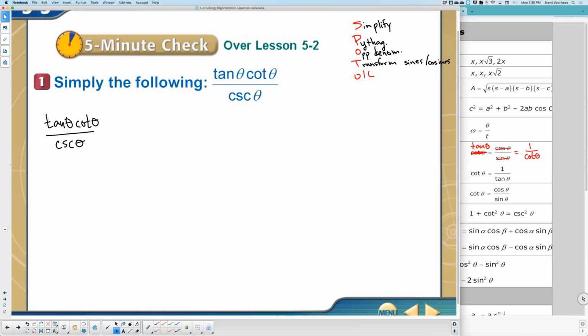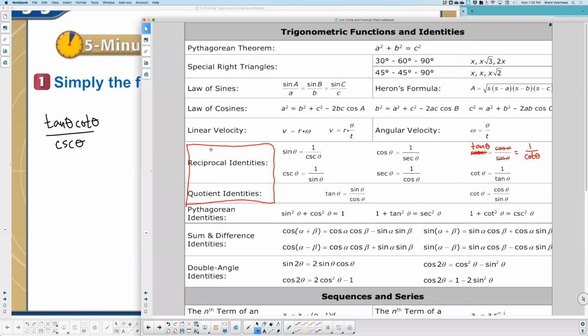All right, I want you all to look at these two sets of identities and tell me what tangent is equal to in terms of sines and cosines. So looking up at these 6 right here, what is tangent equal to in terms of sines and cosines? Yeah, so don't say 1 over cotangent because that's not a sine or cosine. What I want you to say is sine over cosine.